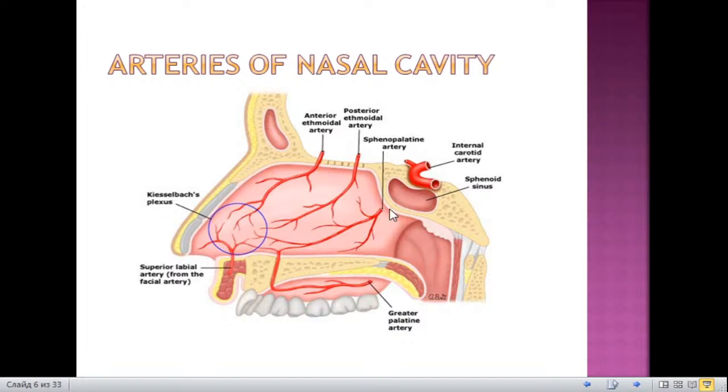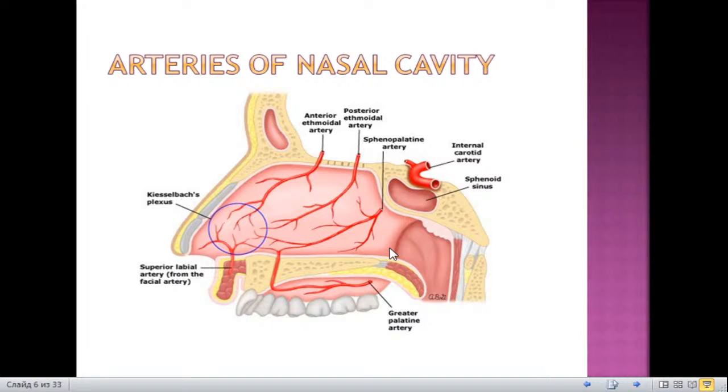After that, the back and lower part of the nasal cavity receives blood from the next artery. Firstly, that is the sphenopalatine artery. The sphenopalatine artery is a branch of the pterygopalatine segment of the maxillary artery. And you remember, the maxillary artery is a branch of the external carotid.